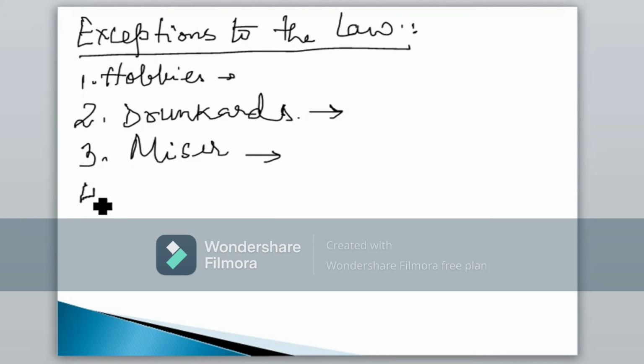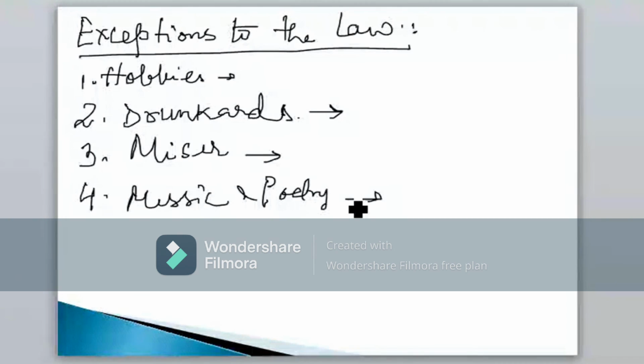If anyone has a passion for music, poetry, it is commonly experienced that a repeat hearing gives better satisfaction than the first one. Reading also comes under hobbies. So all these are certain cases where the law of diminishing marginal utility doesn't hold at all. Got it? This is the law of diminishing marginal utility.